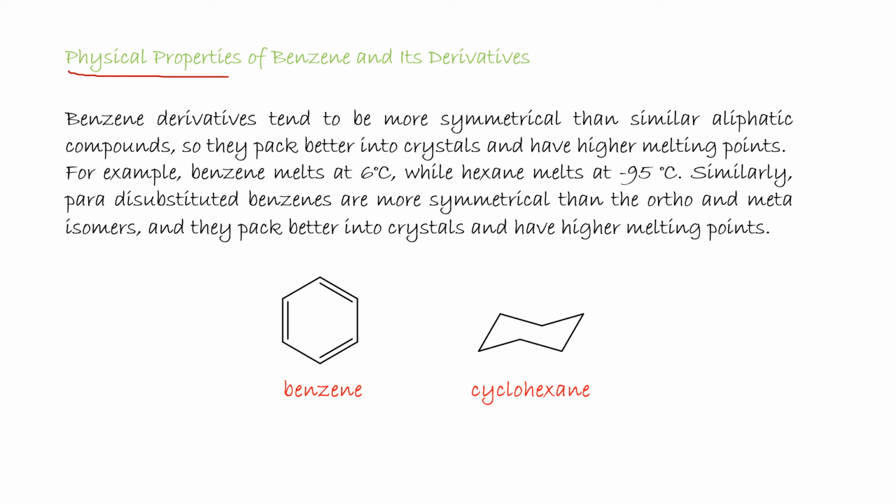For example, benzene melts at 6 degrees Celsius, while hexane melts at -95 degrees Celsius. Similarly, para-disubstituted benzenes are more symmetrical than the ortho and meta isomers, so they pack better into crystals and have higher melting points.